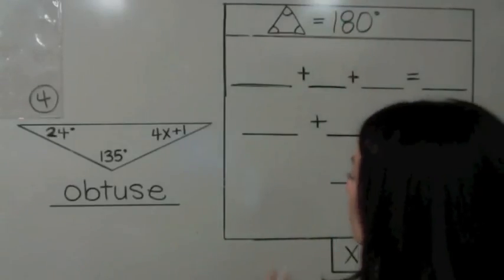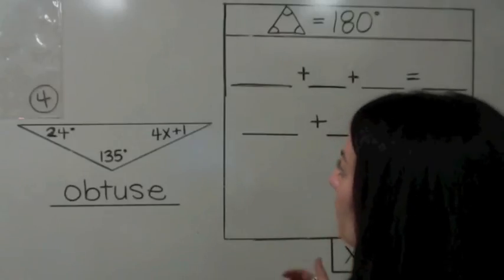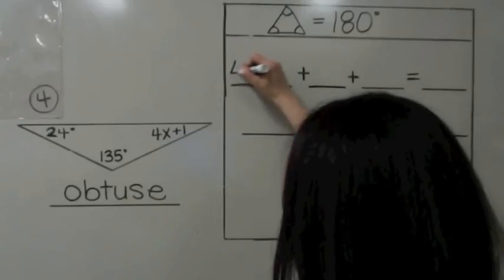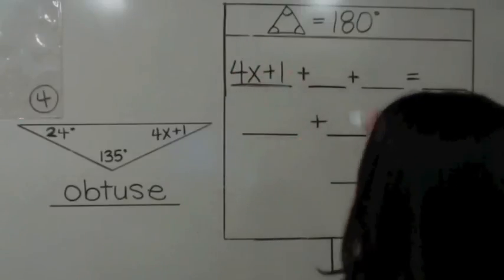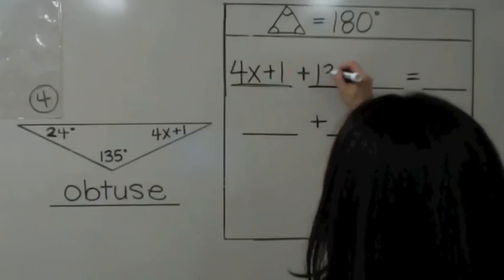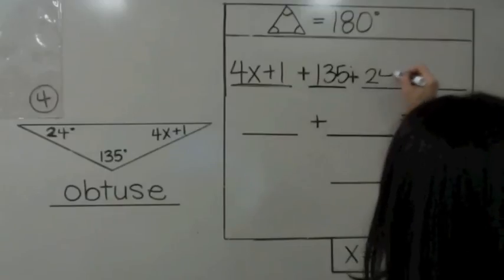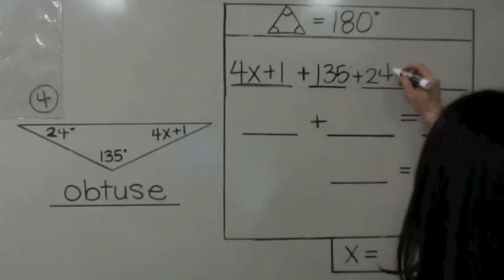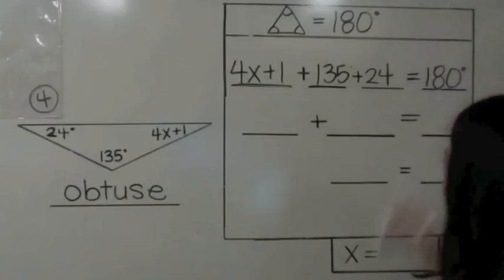All right, so what I would like you to do, what might make it easiest for you, is to write the angle that has the x in it. So this is going to be 4x plus 1 plus, we could do 135 degrees plus 24 degrees. Okay, equals 180 degrees. Perfect.